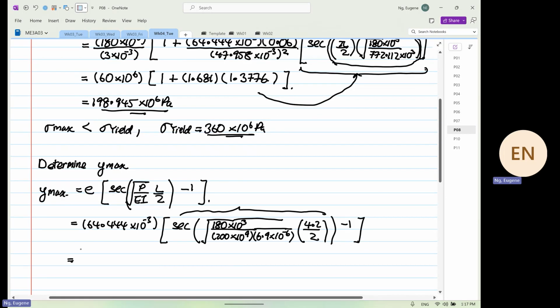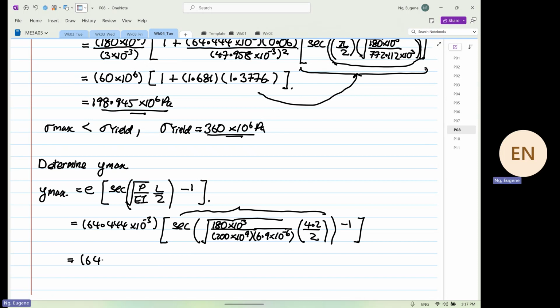Okay, can some or all of you try to do that? What do you get? So this is equal to 64.444 times 10 to the power 3. I'm waiting for the answer. And I know at the end of the day, we have to minus 1. Anyone? Why am I asking that stupid question? Is it a stupid question?